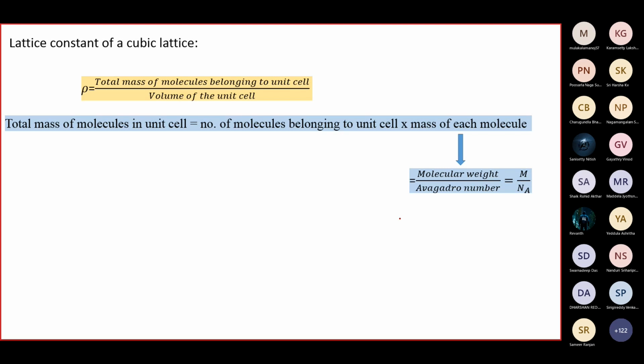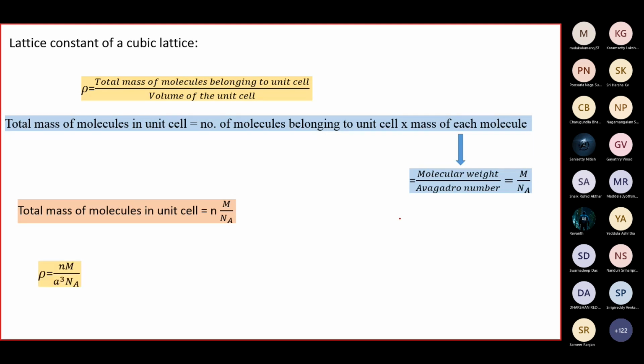Now, mass of each molecule is equal to molecular weight by Avogadro's number, M by Na. Total mass of molecules in one unit cell is equal to n, the number of molecules or atoms belonging to a unit cell, multiplied by M by Na. Rho is equal to nM by a cube into Na.